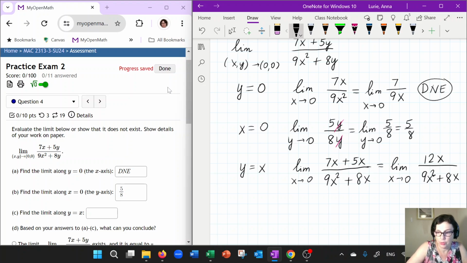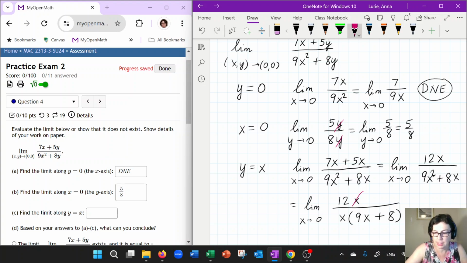But what I can do is factor x from the bottom, the GCF. If I factor x from the bottom, I'm left with 9x from the first term plus 8. I can see that x and x cancel out, which is good.